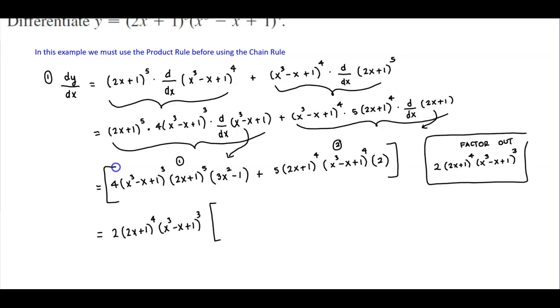We have a 2 and a 2x + 1 times a 3x squared - 1. And on the right side, what do we have left? We have a 5 times an x cubed - x + 1.